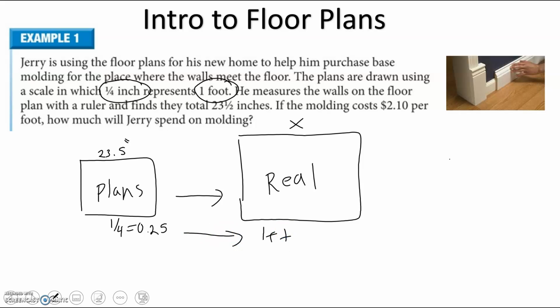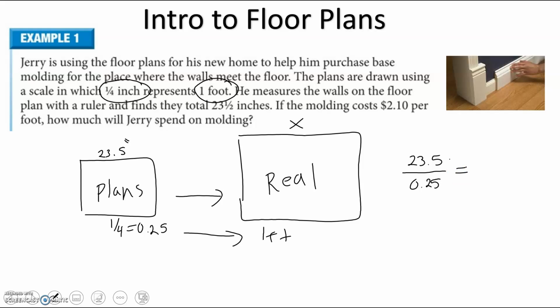So what we're going to do is create a proportion that compares the plan to real life. We know that in our plans, the wall is 23.5, and every single one of those 1/4 inches is representing an actual foot of space in the real house.